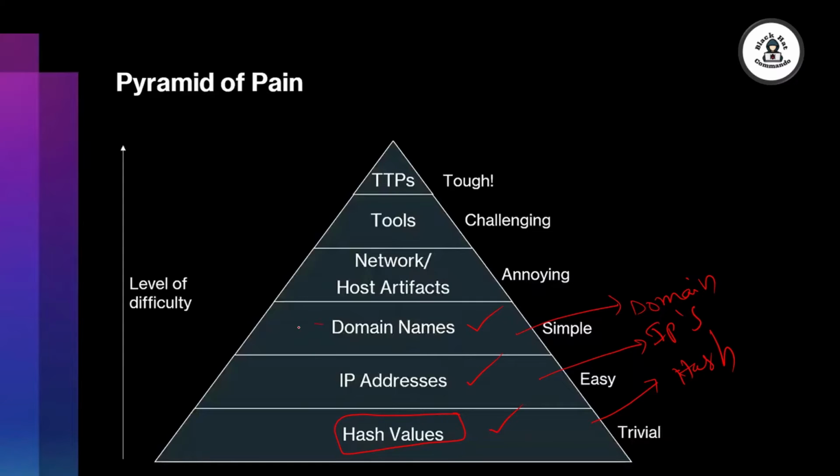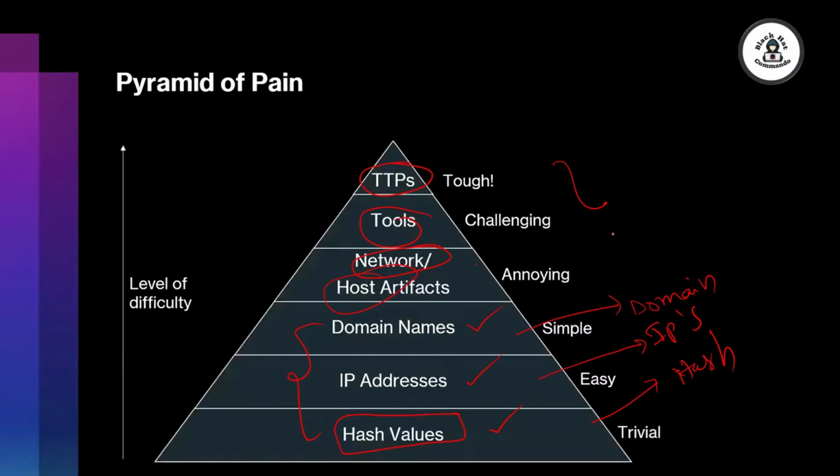So here, these three, domains, IPs and hash values, we can easily find. But from which network, from which host the hacker hosted, is sometimes annoying or difficult. And what type of tool he has used is also somewhat difficult. And TTPs, tactics, techniques, procedures: what tactic related to the attack, what technique he has used, what procedure he has used, that is very tough to know.